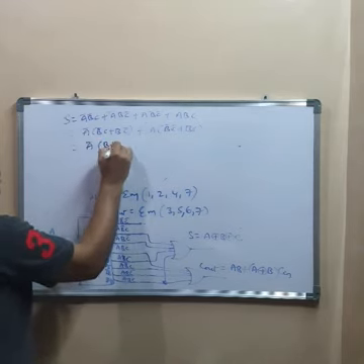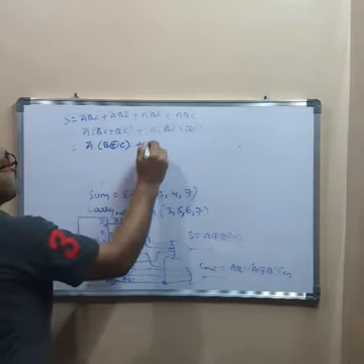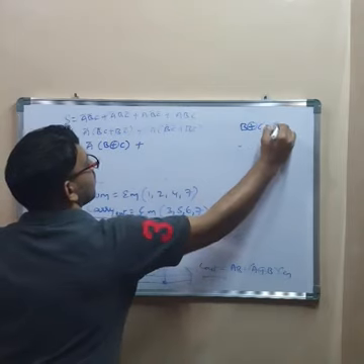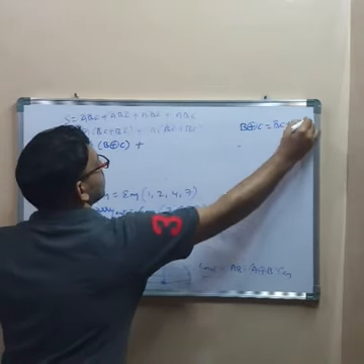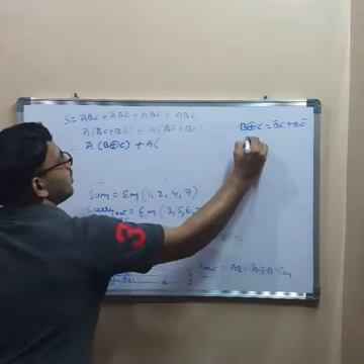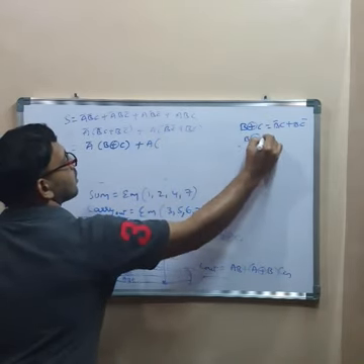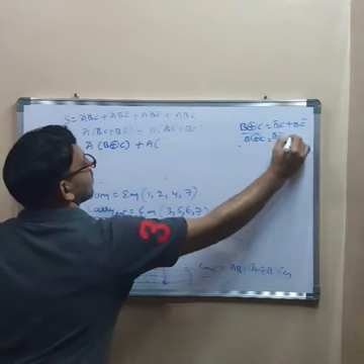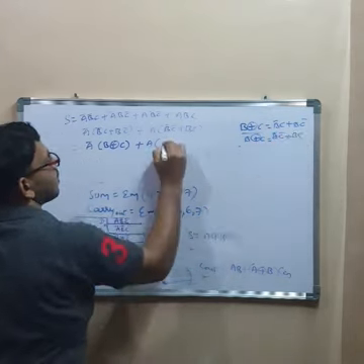A bar into B XOR C plus A into B XOR C whole complement. B XOR C is equal to B bar C plus B C bar, and B XOR C whole complement is equal to B bar C bar plus BC.